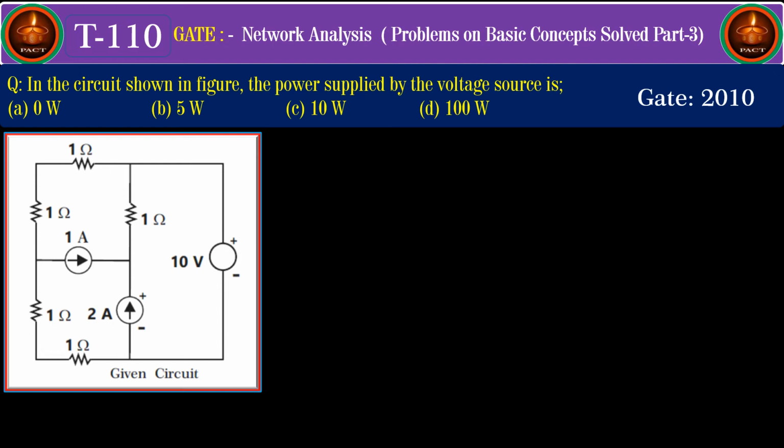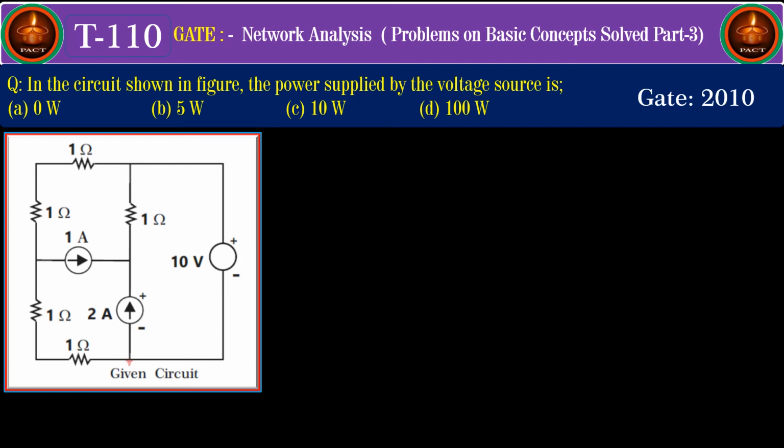Fine. If you observe the network, in my opinion, if we identify the junction nodes present in the network and utilize those junction nodes effectively to make the solution more simple, it is possible. I will show you.